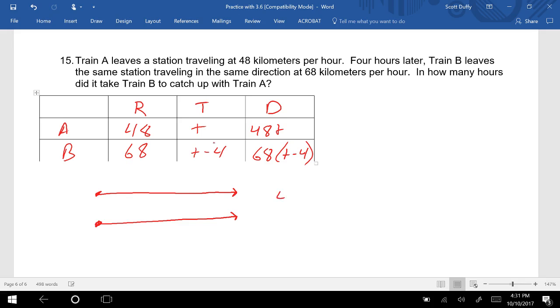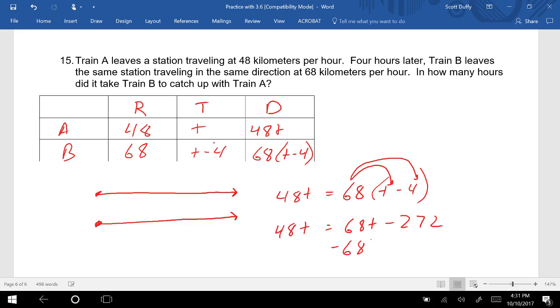Well, let's see. 48t equals 68t minus 4. 68 times t is 68t. 68 times negative 4 is negative 272.